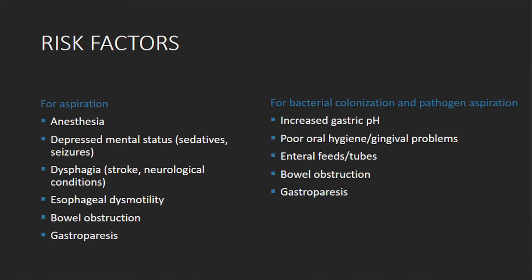And then there are risk factors for bacterial colonization and risk for pathogen aspiration. That's when we increase the pH of the gastric contents by, for example, PPIs, poor oral hygiene, gingival problems, and enteral or tube feeds. Having tube feeds increases the risk of bacterial colonization, as do bowel obstruction and gastroparesis.